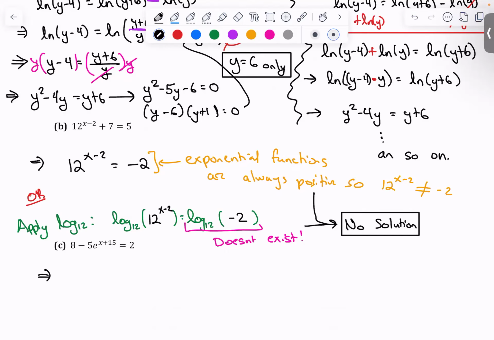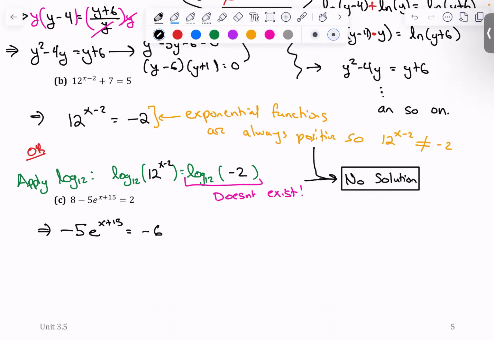I end up with negative 5e to the x plus 15 is equal to negative 6, at which point I'll divide both sides by negative 5. I end up with e to the x plus 15 is equal to 6/5.